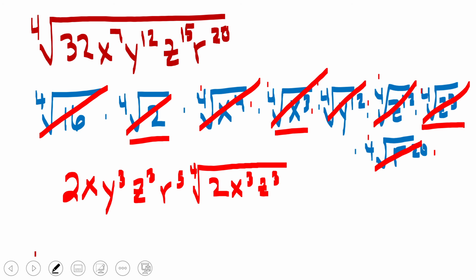So we've addressed everything. Notice our odd exponents here, here, and here outside the root symbol. So to address those, they will go in absolute value symbols.